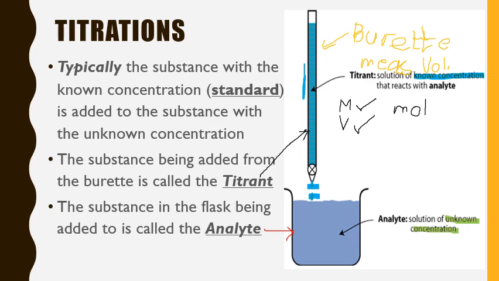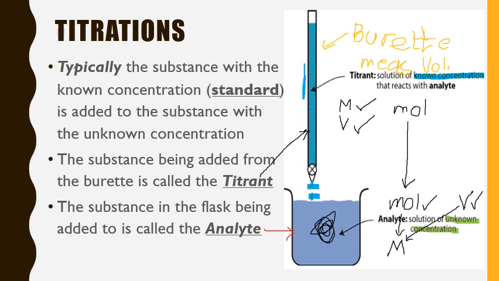The next thing we can do is use stoichiometry to find the moles of our analyte. And once we know the moles of our analyte, we will also know the volume of our analyte, because you're actually going to put a specific amount in this container. And if you know moles and you know volume, you can calculate molarity. Okay, so that's what we do with those two things.